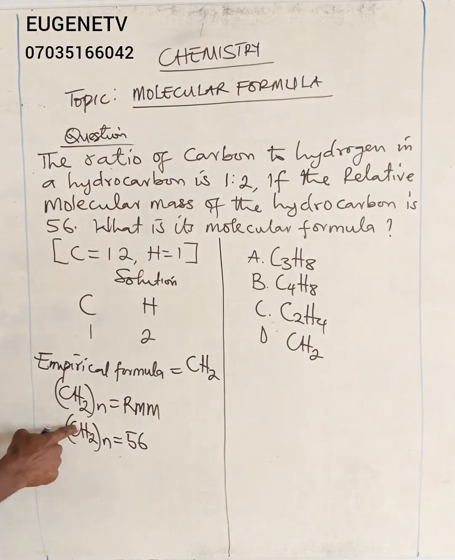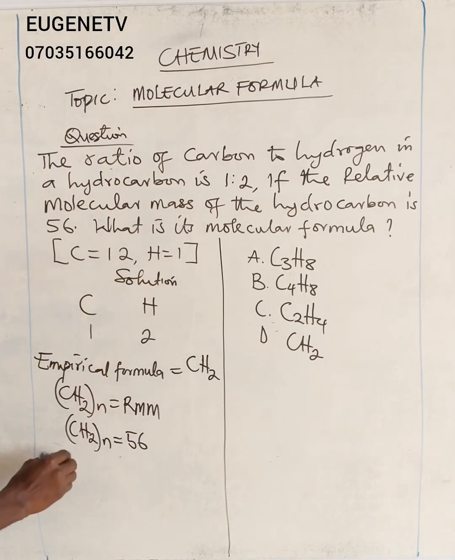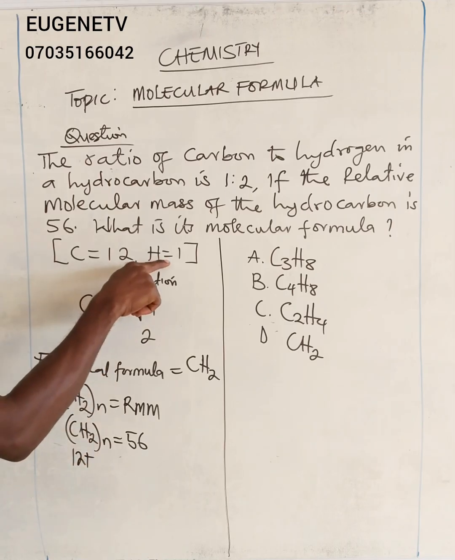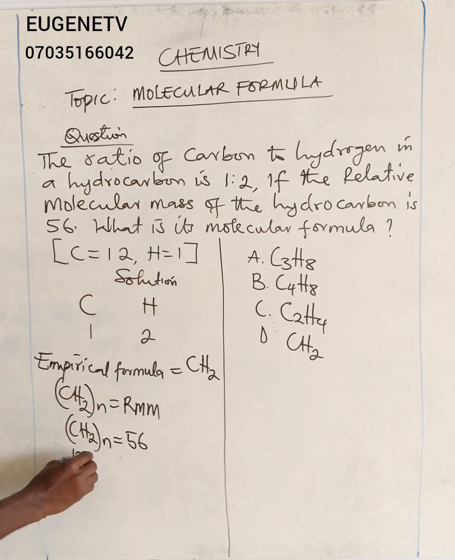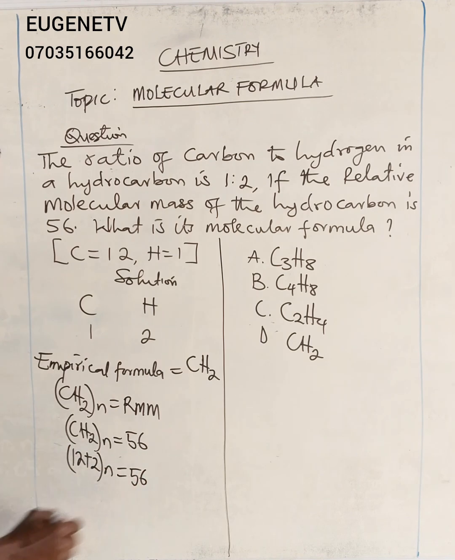The mass of carbon was given to be 12, and that of hydrogen is 1. Since there are 2 hydrogens, the total mass of hydrogen there is 2. Everything into base n is equal to 56. The total of whatever is inside the bracket is 14. 12 plus 2 is 14n is equal to 56.